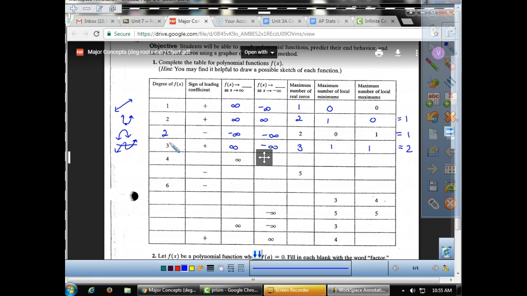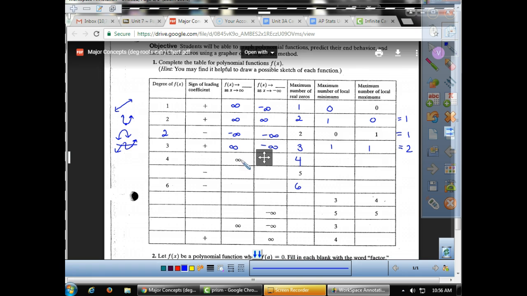Now, are you starting to see a relationship between the degree and the total of the max and min? It's always 1 less, right? And the number of possible real zeros always equals the degree. So I could fill all this in like that. We'll come back. Now, if it's a 4, it means the ends are both up or both down.